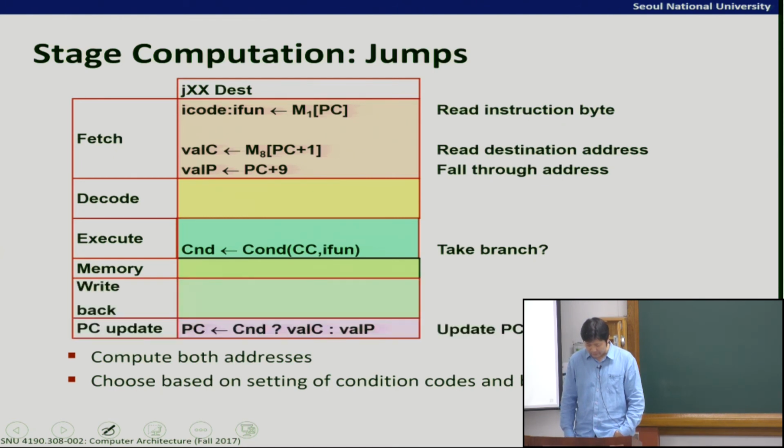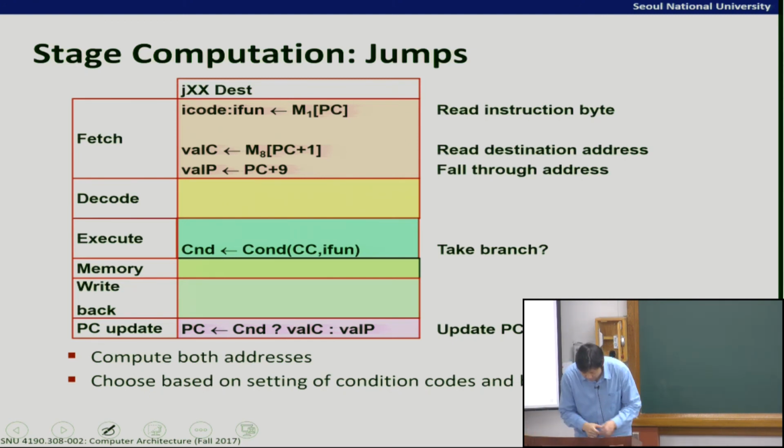And finally, in PC update, depending on the condition, the Cnd bit, if it's true, that means a branch must be taken. Then we take valC as next PC. Otherwise, we take valP as next PC.